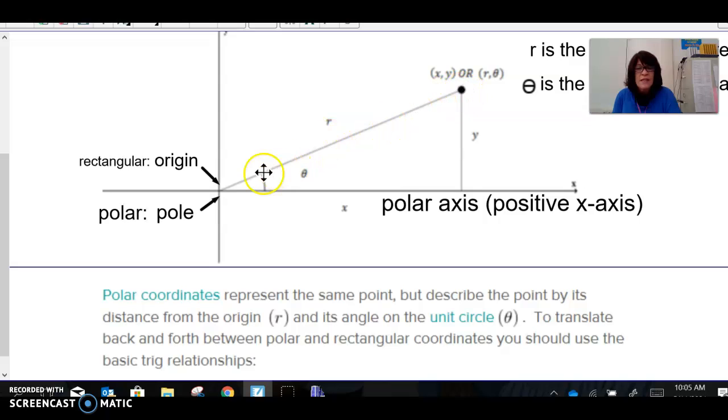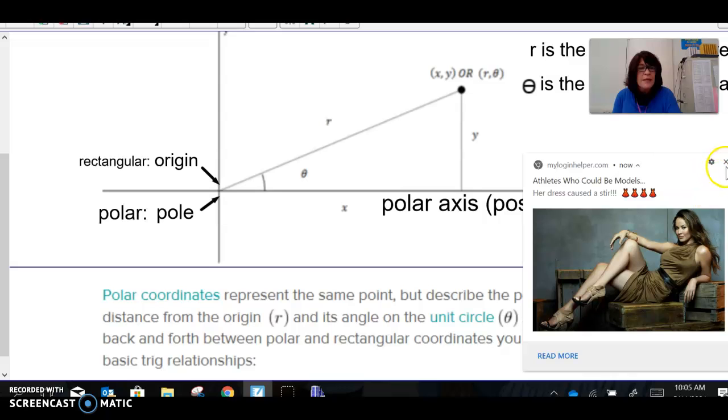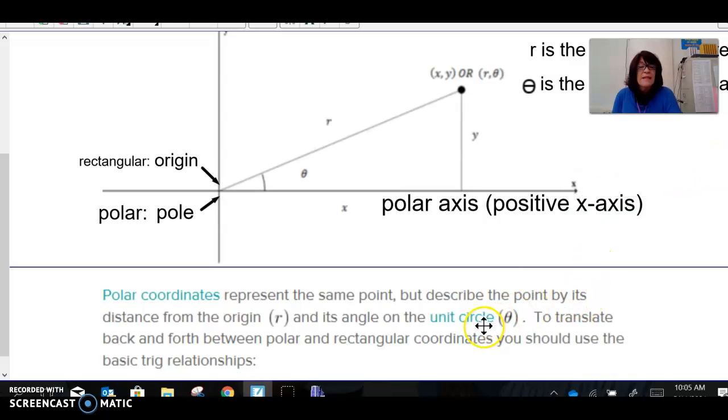If I was going to measure this, how far would that be? And its angle from the positive x-axis on the unit circle, theta. So instead of xy, it'll say r theta, but when I plot it, it'll be at the same point.